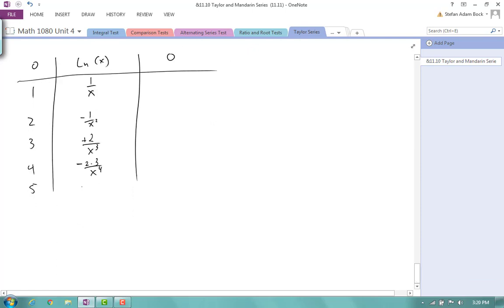And then finally, I'll have a positive 2 times 3 times 4 over x to the fifth. So let's see if I can find a pattern for the derivatives.